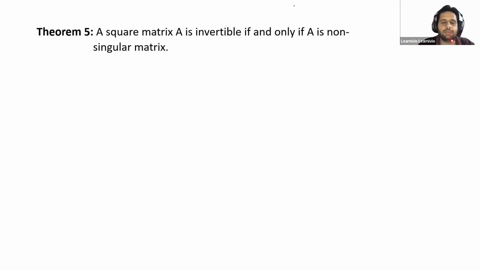Shravya, can you tell us what is a non-singular matrix? The one that has the same order. No, that's a square matrix.